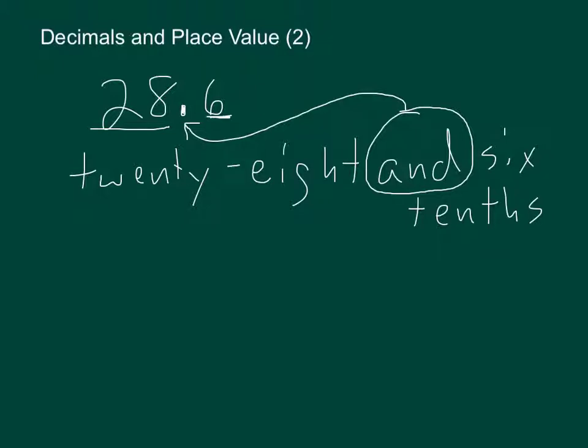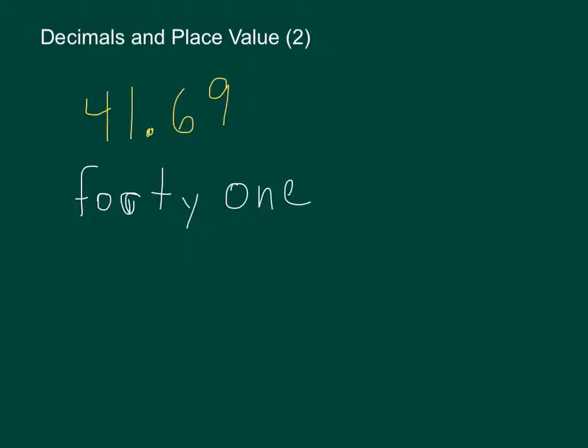Let's look at another one. Let's say we have 41.69. Okay, now if I were to write that out, I would say 41, and that's going to be hyphenated, 41, and then we get to the decimal, and remember we say "and" when we get to the decimal, and then we say what's after the decimal, or what's to the right of the decimal.